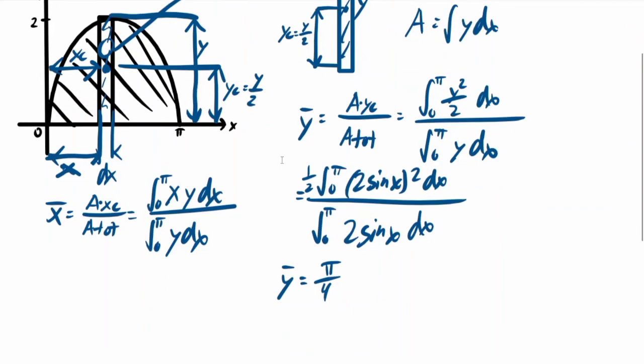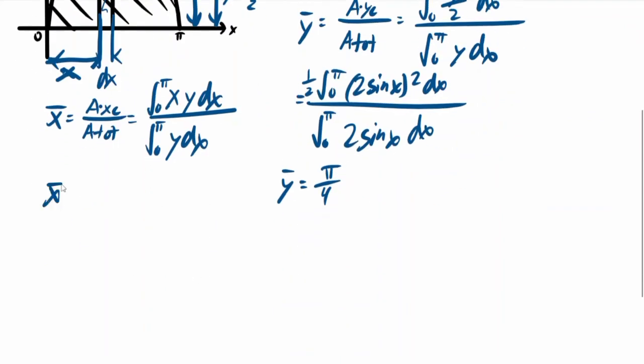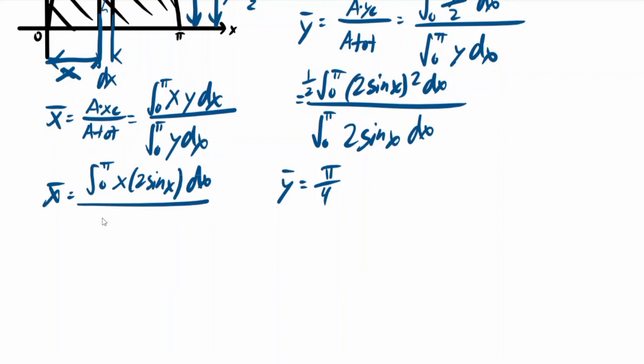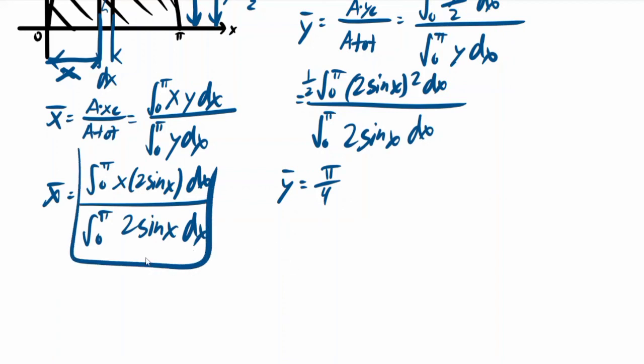Now plug in y. We have x times 2 sine x dx all over 2 sine x dx. Now plug this in on the calculator. You'll have x bar is equals to pi over 2.